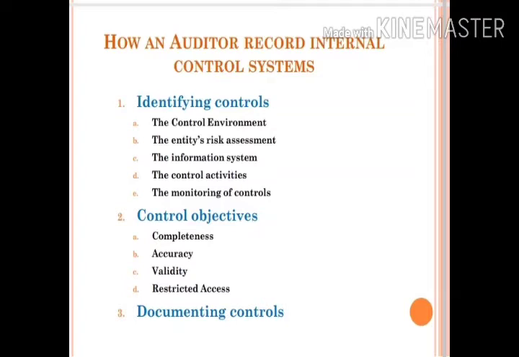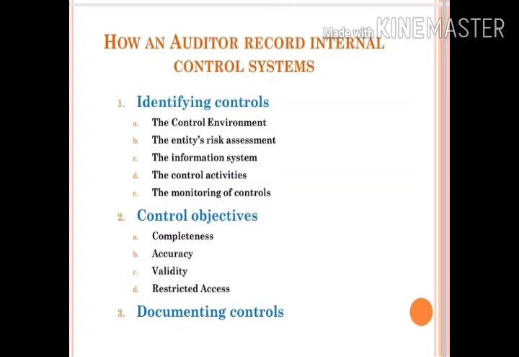Second one is control objectives. In addition to the 5 COSO components, the internal auditor has to identify the control objectives clearly. If you want to understand the control objectives related to the activity, process or system prevailing in your organization, the internal auditor has to formulate the objectives of that particular internal control system.